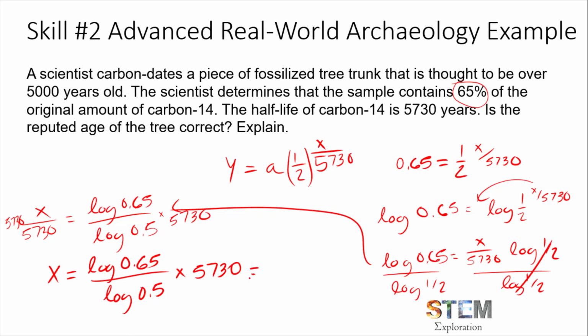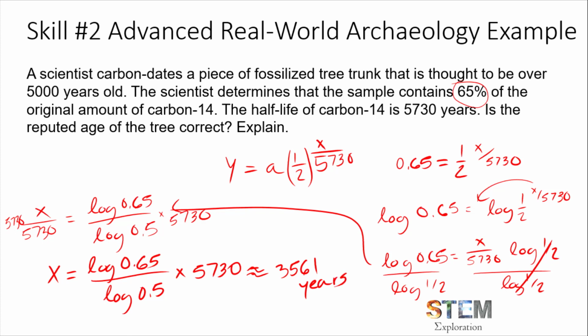And if we do all this work, what we'll find is that if we take the ratio of these two logs, the number of years is actually only going to come out to approximately 3,561 years.